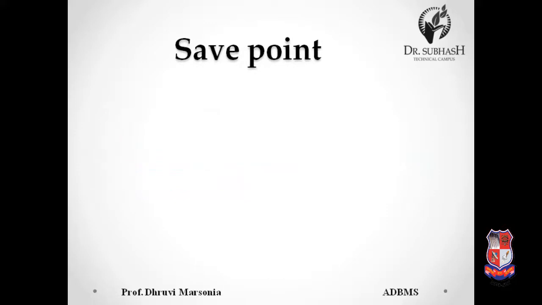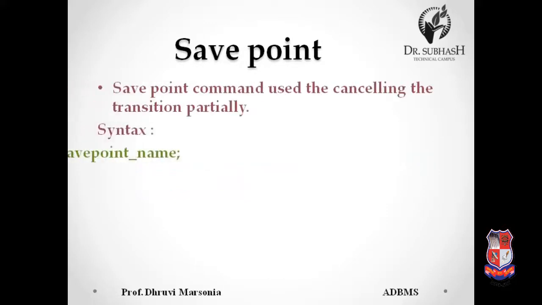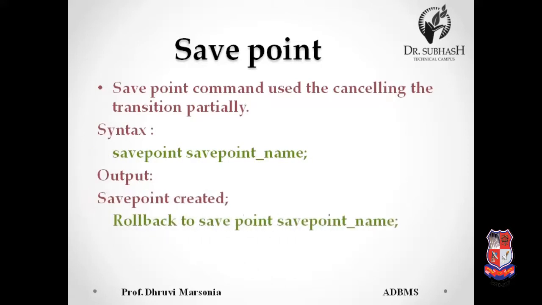Third one is save point. First of all, what is a save point? The save point command is used to cancel the transaction partially, whereas the rollback command is used to cancel the transaction completely. The syntax to create a save point is savepoint followed by the name.